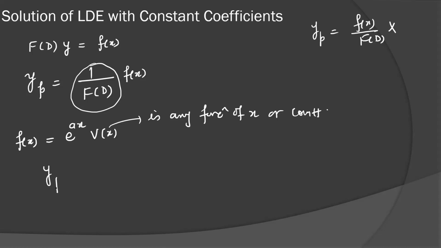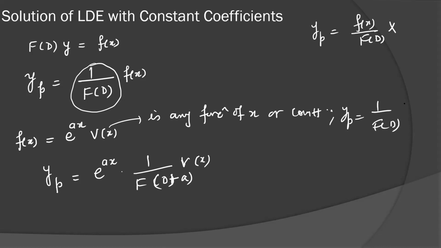In that case, the particular integral is 1 over F(D) into e to the power ax into V(x). e to the power ax we can take outside, then the shifting will be F(D plus a), where a is the coefficient of x. I discussed this property. This is F(D plus a). Remember this point.